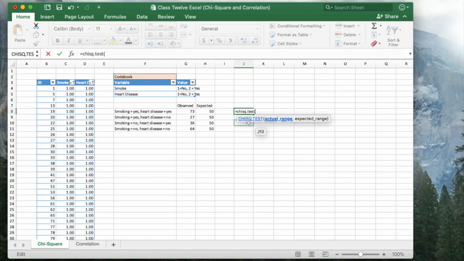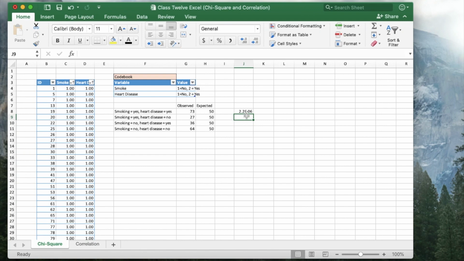We type in our chi-square test, and then we put in the actual range, which is our observed values, our counts that we did right here. So we can just click and highlight these. Then we put a comma, and then we put in our expected range, which is our values here. We close the parenthesis, hit enter, and there we have our probability value.